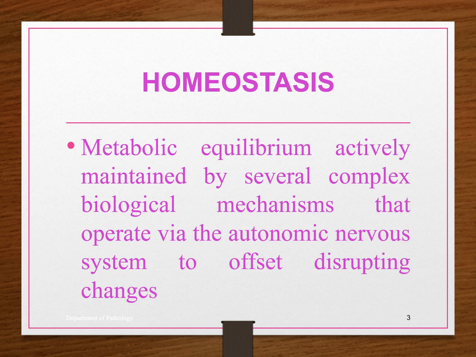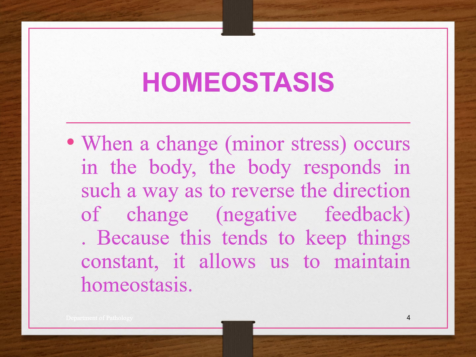What is homeostasis? Metabolic equilibrium actively maintained by several complex biological mechanisms that operate via the autonomic nervous system to offset disrupting changes. When a change, like minor stress, occurs, the body will respond in such a way as to reverse the direction of the change, which is a negative feedback.